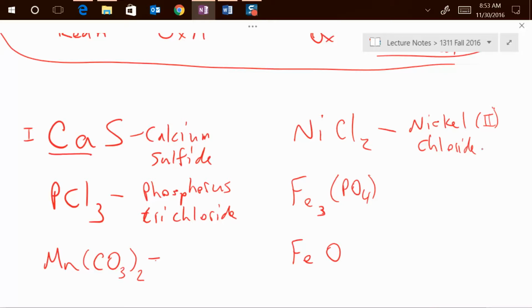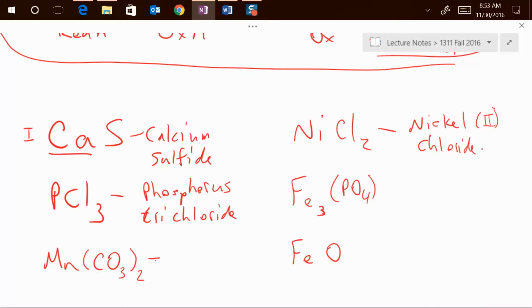Those, we know what those charges are. But this nickel could have multiple charges, so we need to state the charge except for which three? Cadmium and zinc. +2, +2, +1. Okay? That's what their charges are always.